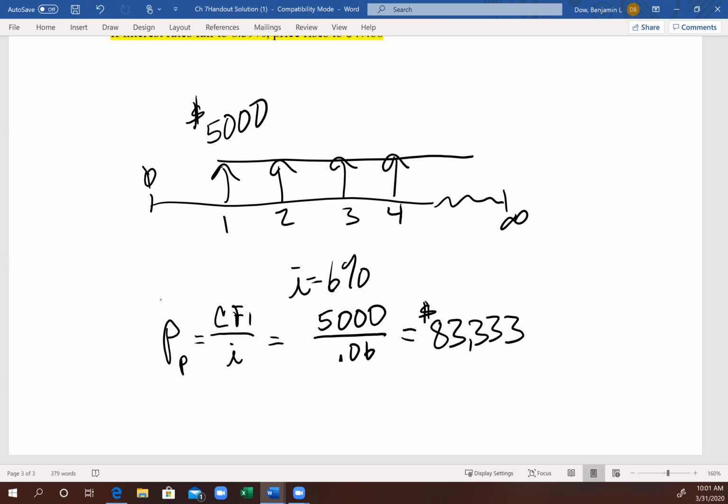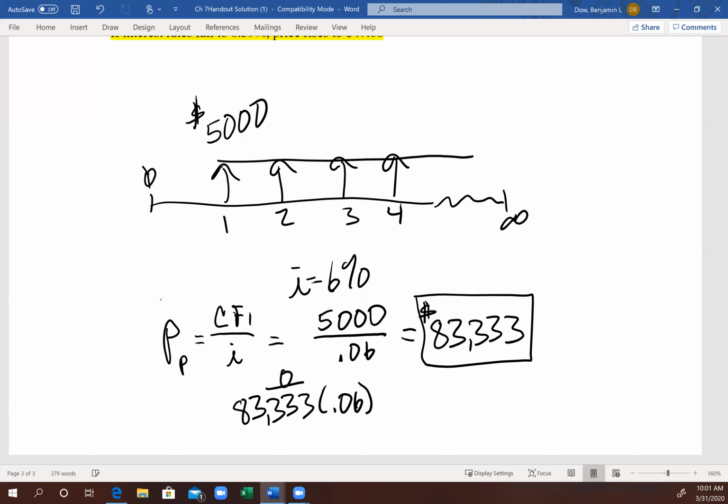And I said, does that kind of make sense? And we said, well, let's look at it. If I put $83,333 into a bank account in year 0, and it earned 6% interest, how much interest would it earn? Well, it would generate $5,000.